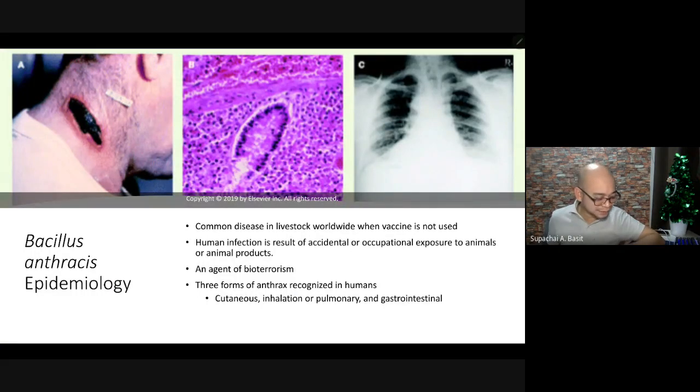Bacillus anthracis epidemiology: this is common where livestock is present, and also where vaccine is not being used. Human infection is actually accidental, when you ingest the spores, or through occupational exposure. And recently, we also have the so-called bioterrorism.